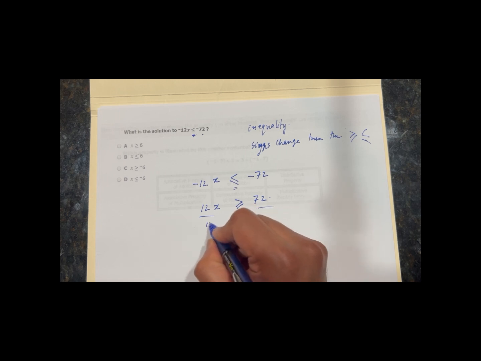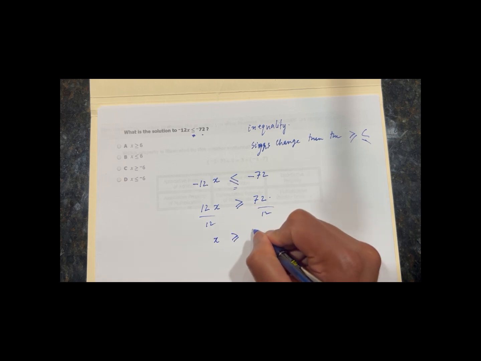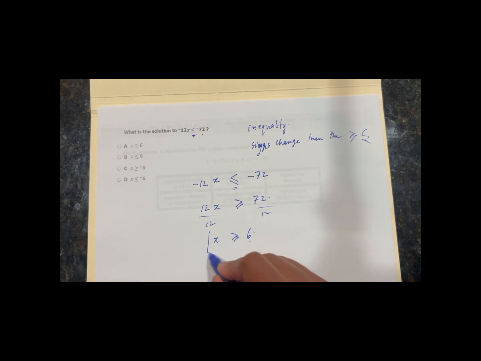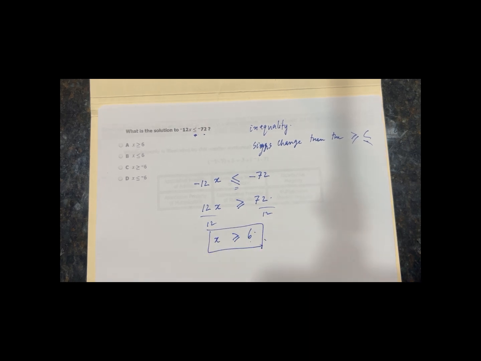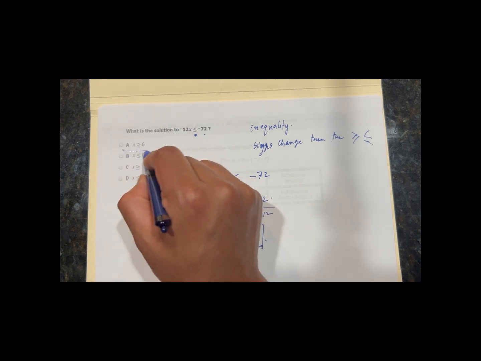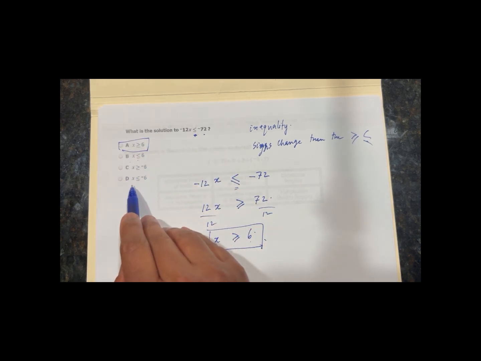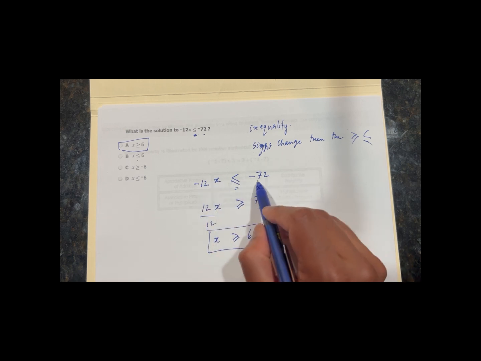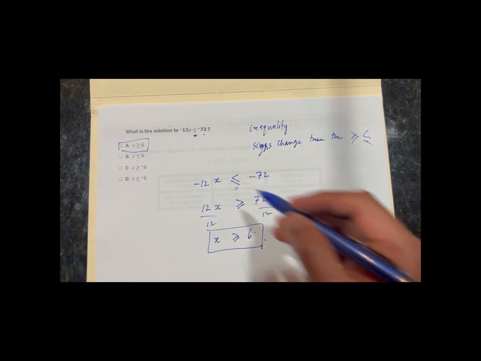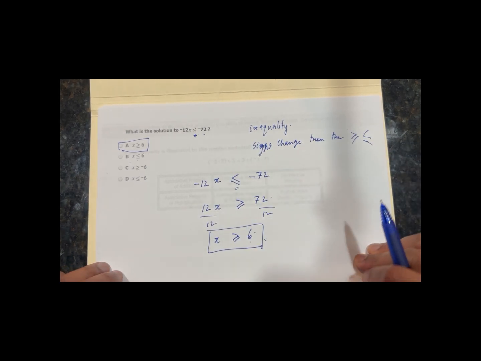Divide both sides by 12 to get rid of the 12. X is greater than or equal to, 12 goes into 72 6 times. So this is what you're looking for. X is greater than or equal to 6, which is this one. So remember, it's not this or any of these other things. The direction changes when you change the sign.